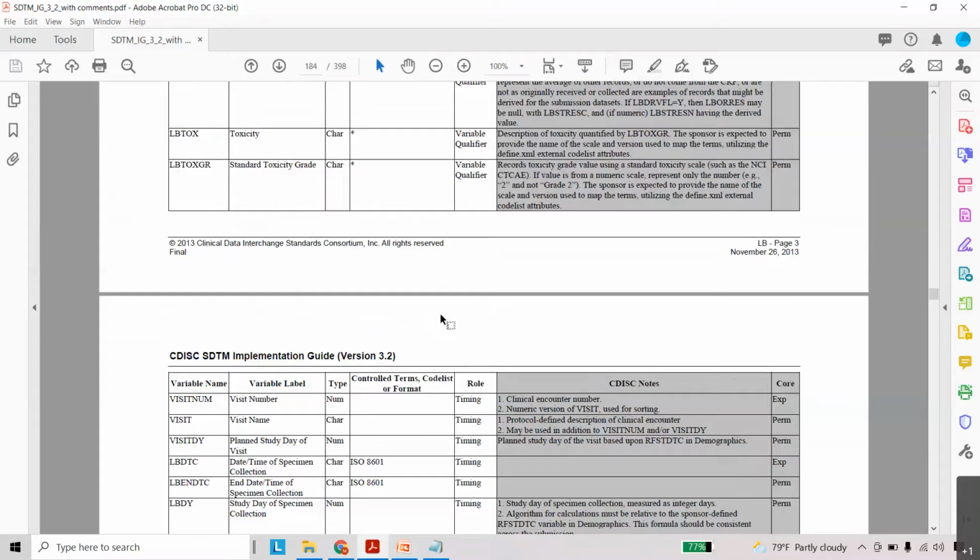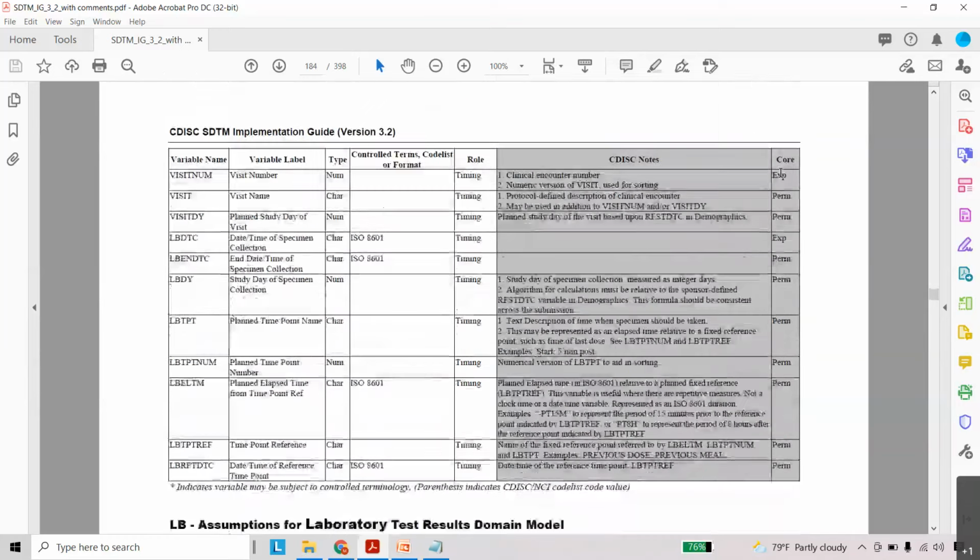In the toxicity grade, we mention grade 1, grade 2, grade 3 based on the laboratory test analysis value or laboratory standard results value. Usually in ADaM we use the analysis value, but in SDTM we use the laboratory standard results normal. And this is a permissible variable.